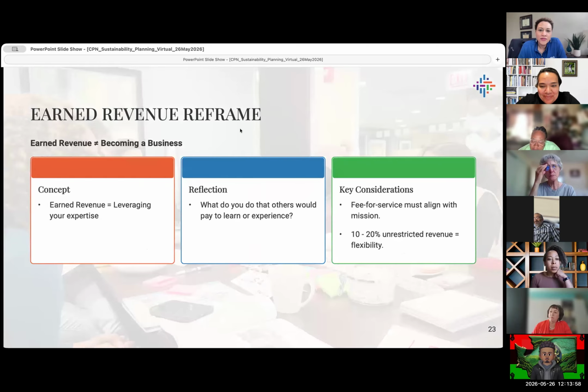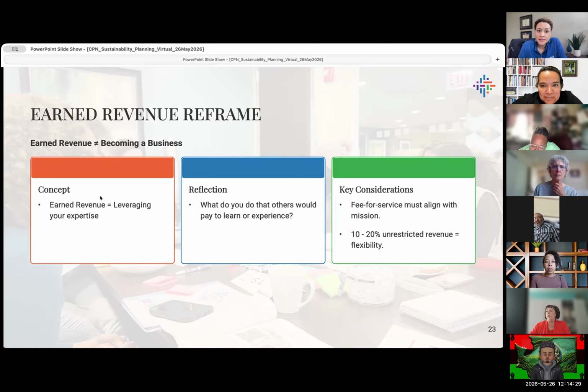All right. Earned revenue reframe. So the concept is oftentimes as nonprofits, we get a little nervous about earned revenue, about selling things, putting our nonprofit status at risk. But we're not talking about becoming a business, and we're not suggesting anything that will put your nonprofit status at risk.